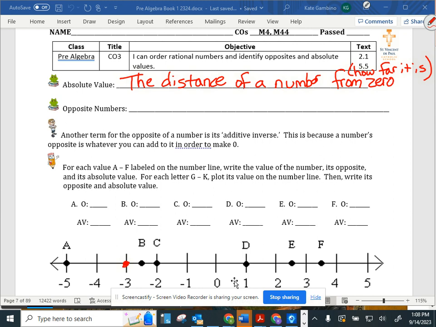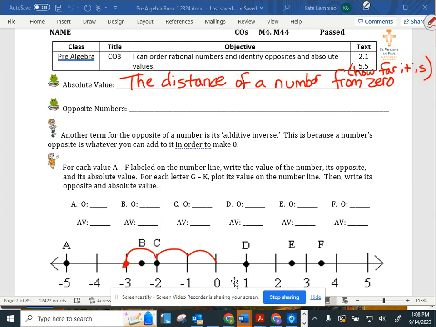So if I'm at -3, I need to jump to 0 to see how far away it is. So I would go 1, 2, 3. So the absolute value of -3 is 3. So if you notice, whether it was 5, absolute value is 5, or -3, the absolute value is 3, absolute values are always going to be a positive number, because we're talking about how many jumps away from 0 it is.